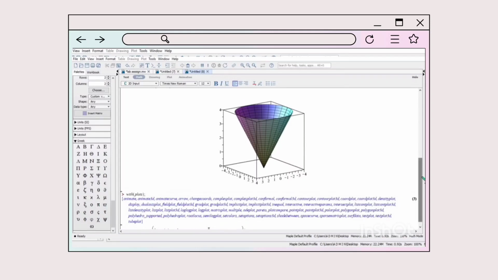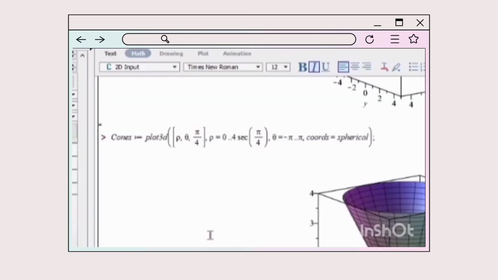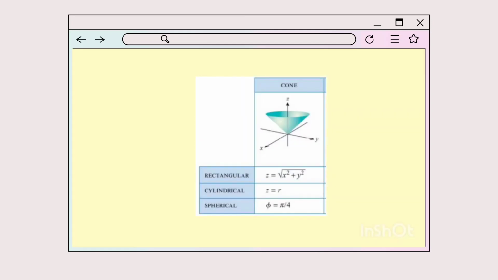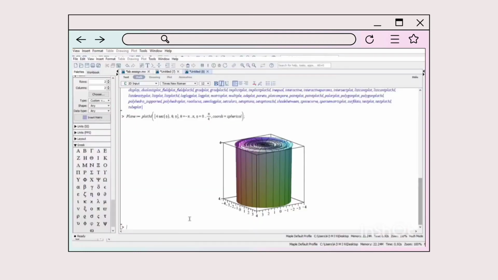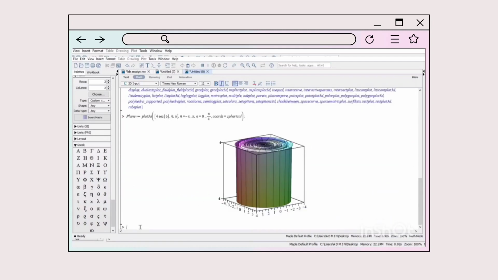The command is quite the same as the cone before. We just change the rho value to 4 secant phi. If you notice, in the cone command, we replace phi with the value pi over 4 because we know that the spherical cone value for phi is pi over 4. Next, we need to combine both the plane and the cone together in one box. The command is plots[display]([cones, planes], viewpoint = circle left).